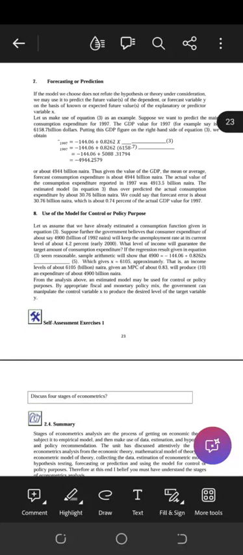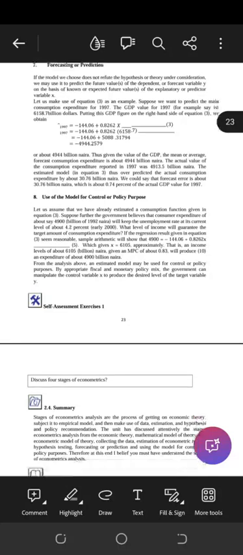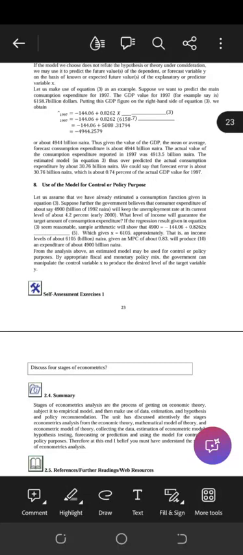Alright, so just solving for x. 4,900 is equal to 144.06 plus the slope times income. Solving it out, the value gives 6,105 billion. So to keep consumption at 4,900, you need an income level of 6,105 billion naira.